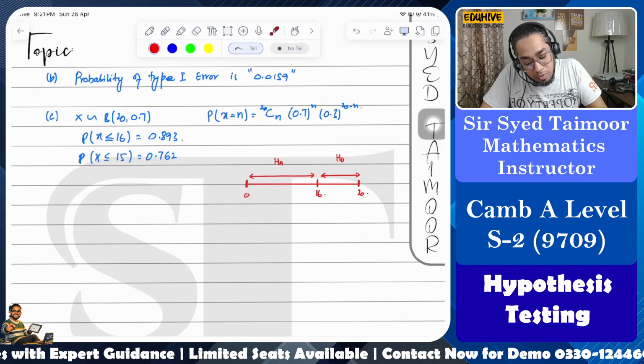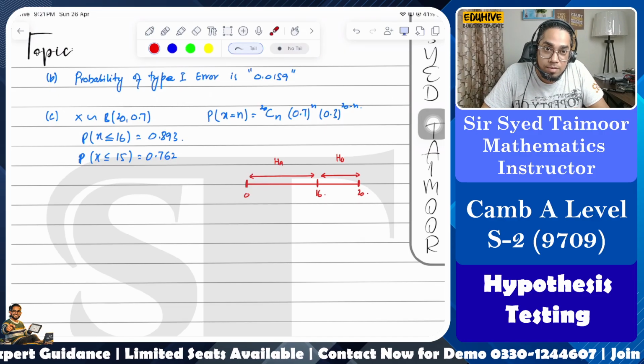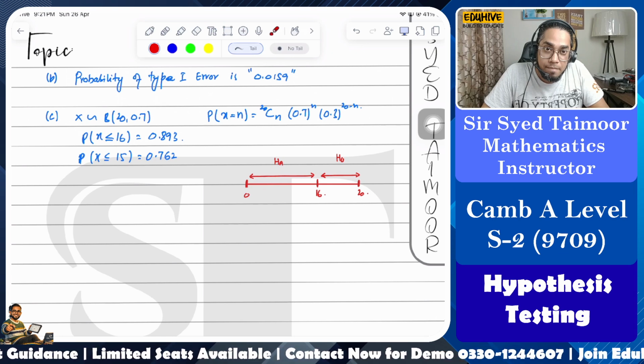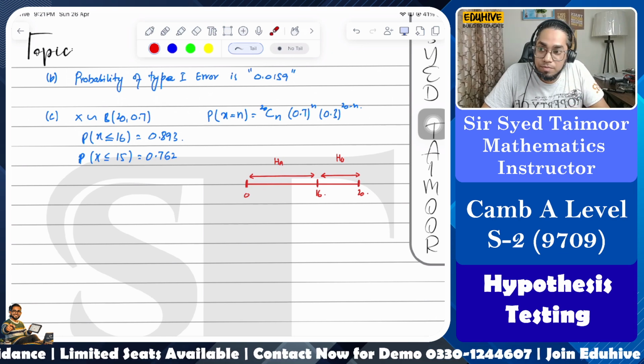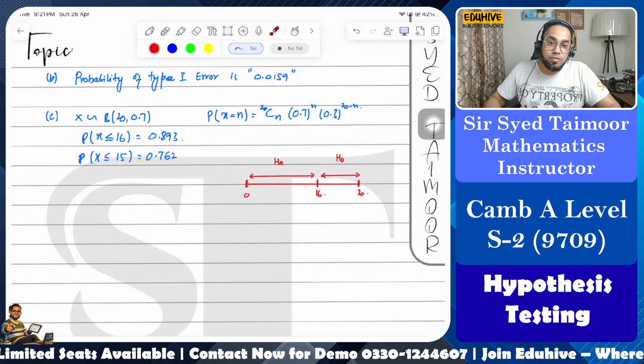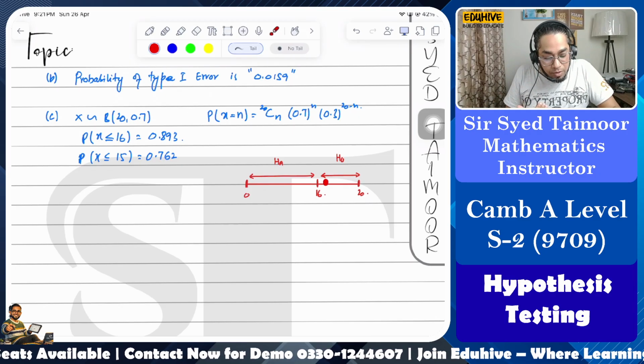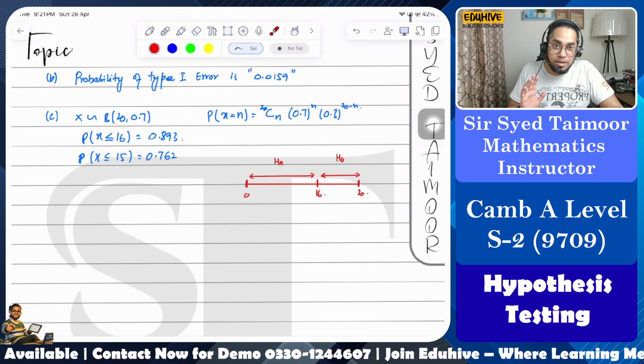So what is a type 2 error? False H naught is accepted. What is a type 2 error? False H naught is accepted. So we have to proceed to calculate these probabilities over here, isn't it?